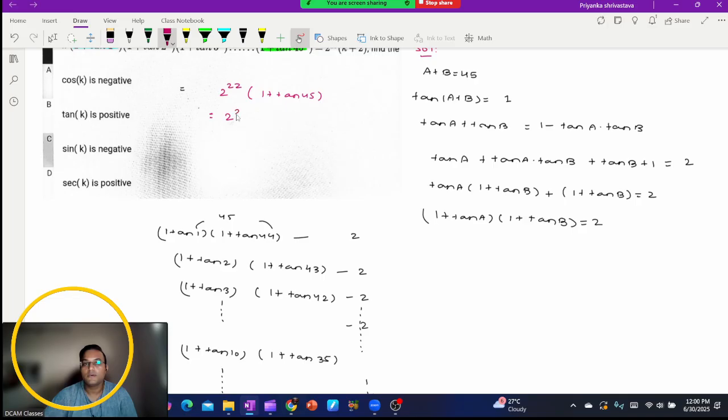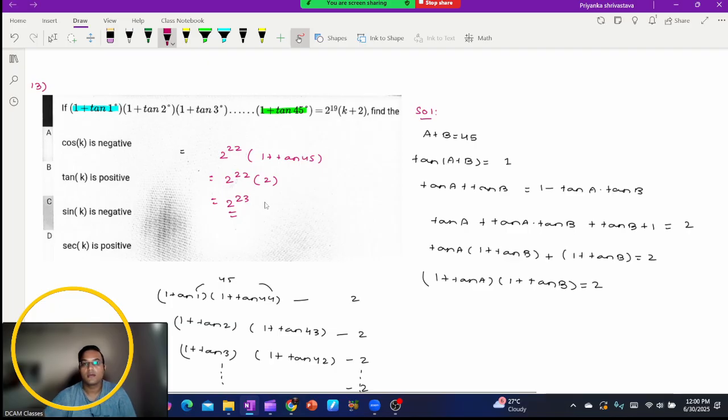So it will be 2 power 22 into 1 plus 1, which is 2. So it will be 2 power 23. Now they have said it is equal to 2 power 19 into k plus 2. So 2 power 4 is equal to k plus 2. So it is 16 is equal to k plus 2. Means k is equal to 14.